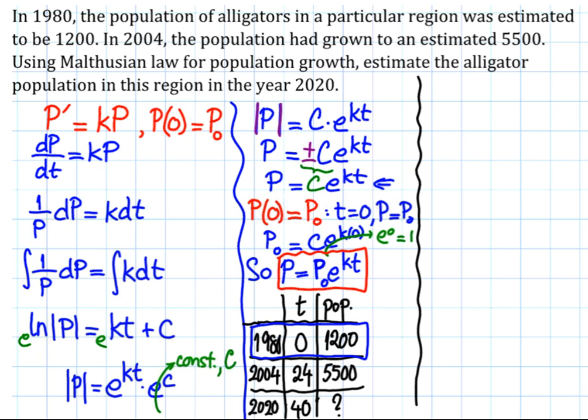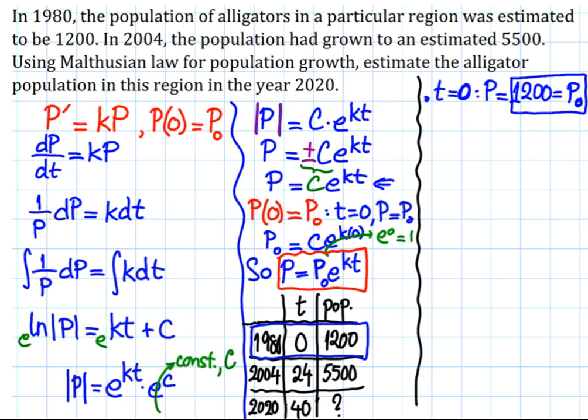So we write the first point, t equal to 0, population is equal to 1,200, which is of course also the population at time 0. With that we have p naught is 1,200. So that's the first information.